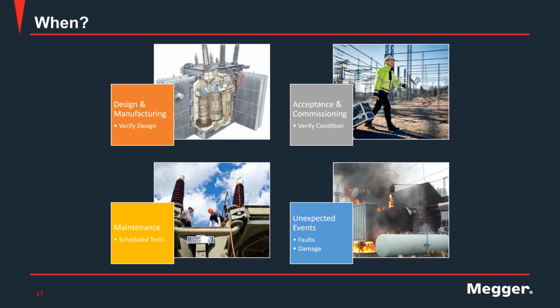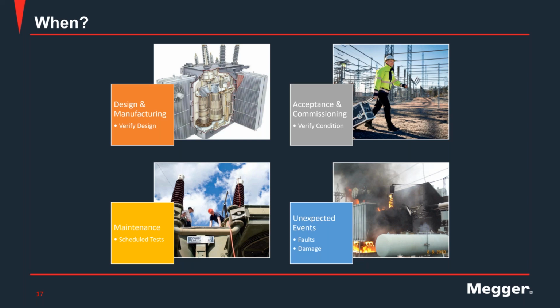Hopefully you can see the first picture big enough, the one in the orange square, design and manufacturing. When the active part, the core and coil assembly, is constructed in the factory, when the windings are assembled, typically you want to perform TTR just to make sure that there are no either missing or extra turns in your windings.